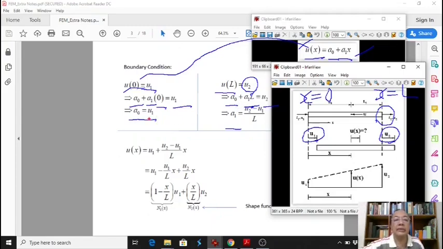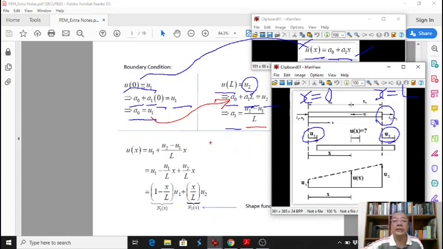We substitute A0 equal to U1, so U1 plus A1 L equals U2. After we solve, we found that A1 equals U2 minus U1 over L.